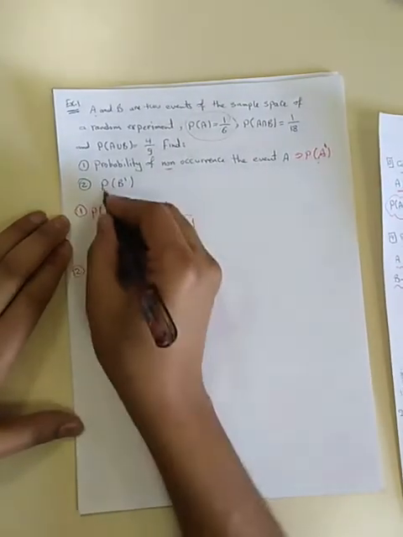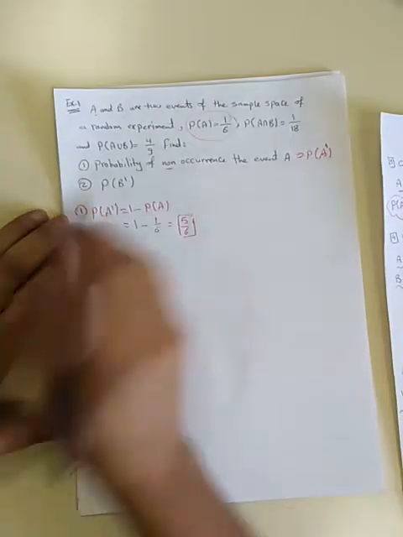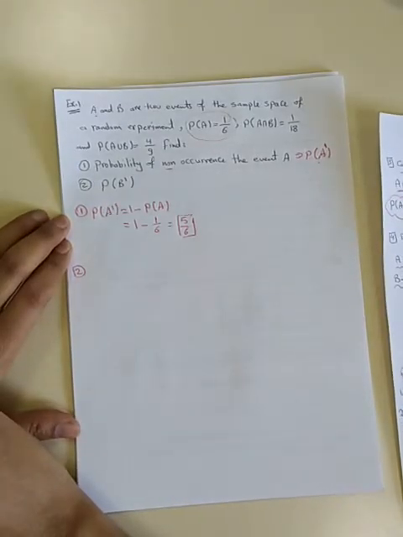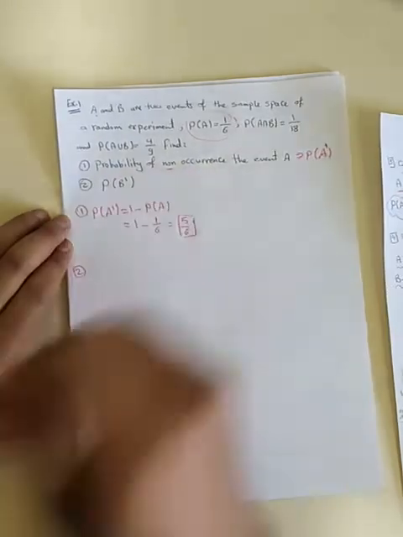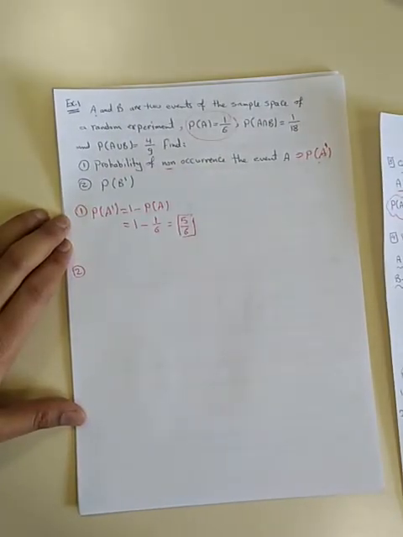Number 2, we want to get probability of B dash. We will get it from 1 minus probability of B. But probability of B does not exist.